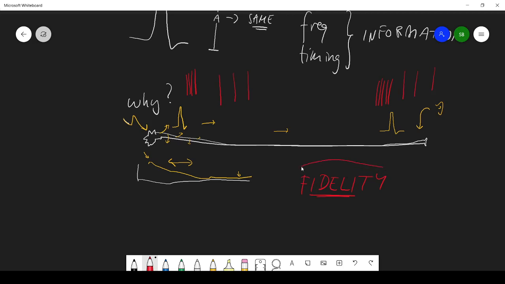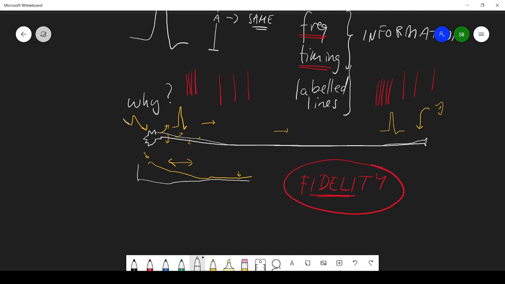So issues of fidelity. So that means then we store the information in terms of the frequency and the time that they turn up. But there's also another way that they do it, which is through labelled lines, which we'll come to in a minute.